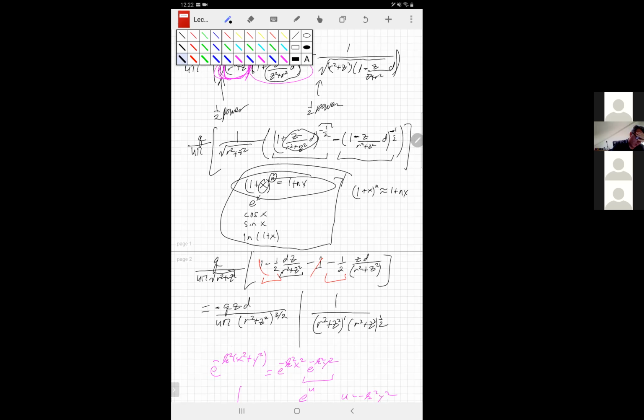And then we subtract off, I feel like there's something wrong here. Oh no, there were 3 minus signs. You get a minus sign from the fact that we're subtracting in the first place. Minus sign from the fact that instead of zd, we have minus zd. And a minus sign from the power negative 1/2. We multiply those 3 minus signs by each other and we get a minus sign.